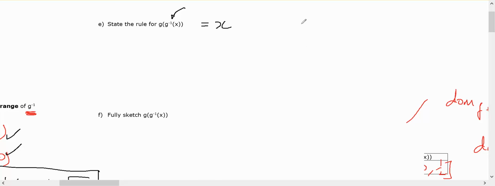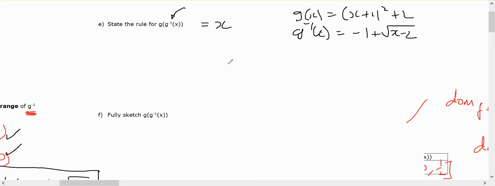I can demonstrate it. g of x equals (x plus 1) squared plus 2. The inverse of x equals -1 plus the square root of x minus 2.